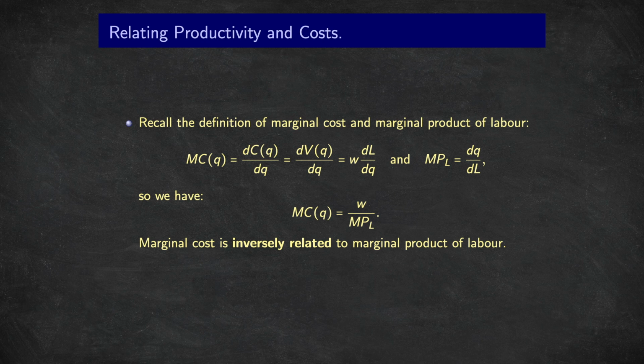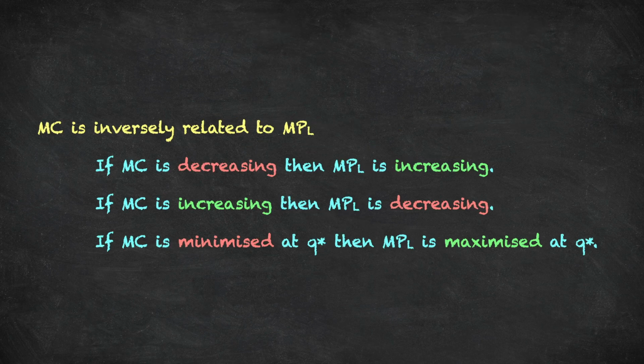Again, I can come up with some quick deductions using this knowledge. If I know, for instance, that marginal cost is decreasing, then I know that marginal product of labour is increasing. If I know that marginal cost is increasing, then I know that marginal product of labour is decreasing. Indeed, this is a very common assumption.